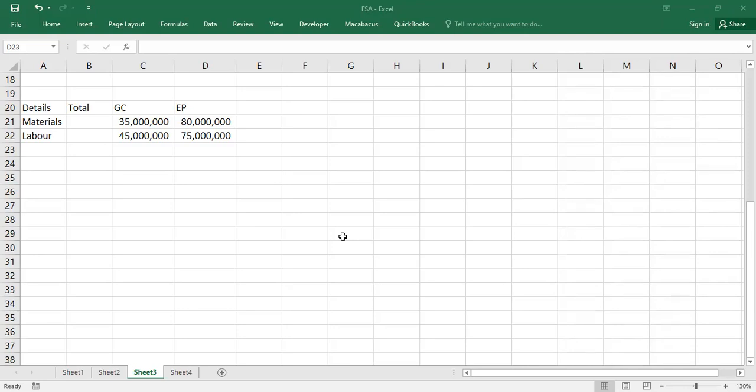Otherwise, per unit is also okay. But for those who just want to pass and have good grades and move on, I would encourage you to always use totals. But per unit is also good. If you're interested, you can always reach out to me and I'll show you. The steps I've already explained.